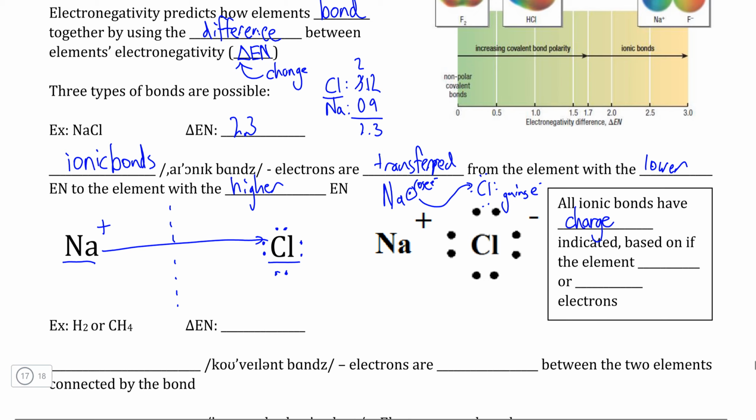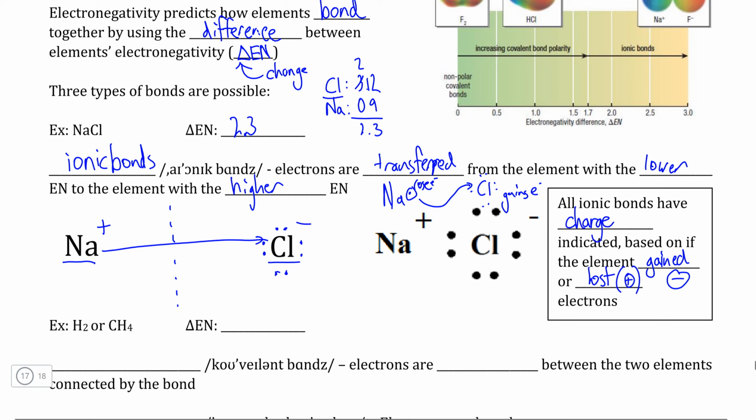Likewise, because chlorine has fully taken sodium's electron, we can label chlorine with a negative charge, and this is true of any pair of elements that form an ionic bond. Of course, the charge is determined by whether the element has gained electrons, in which case it would be gaining negative charge, or whether it has lost electrons, in which case it would be gaining positive charge.